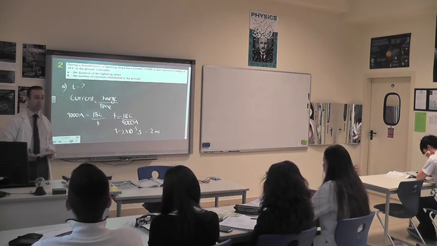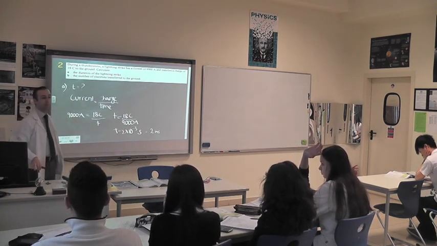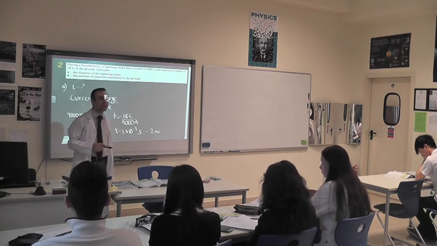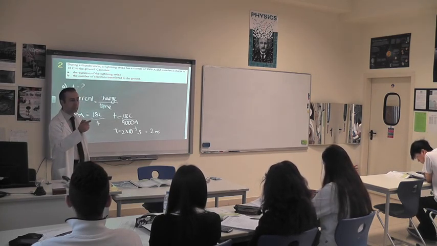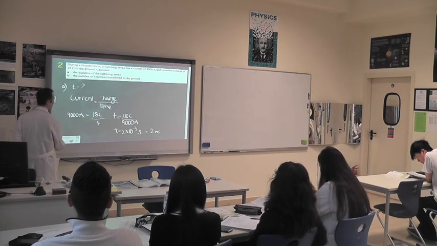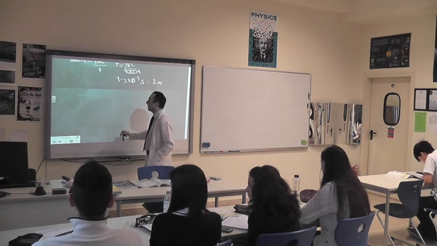Okay, now B. How many electrons did we transfer? How did you get that? One electron carries 1.6 times 10 to the power of minus 19 coulomb. That's right. So we use the ratio to find the number of electrons. Okay, let me try to write down here.